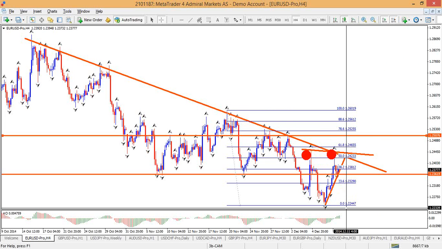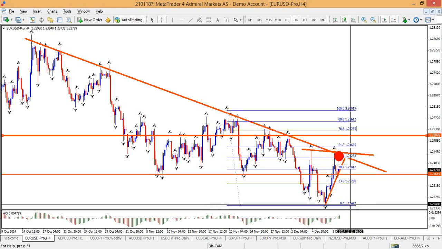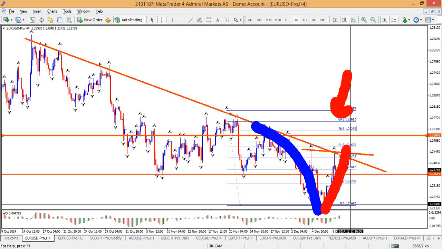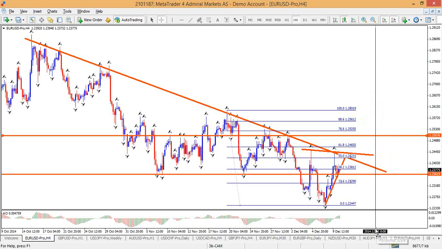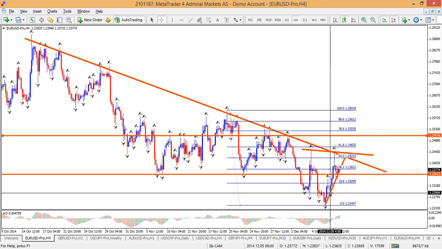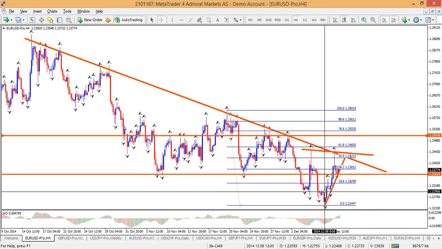Why still within reason? Because there's two fractals. There's a pretty strong retracement of this weekly candle. And we're falling from it, so. And bigger downtrend already.